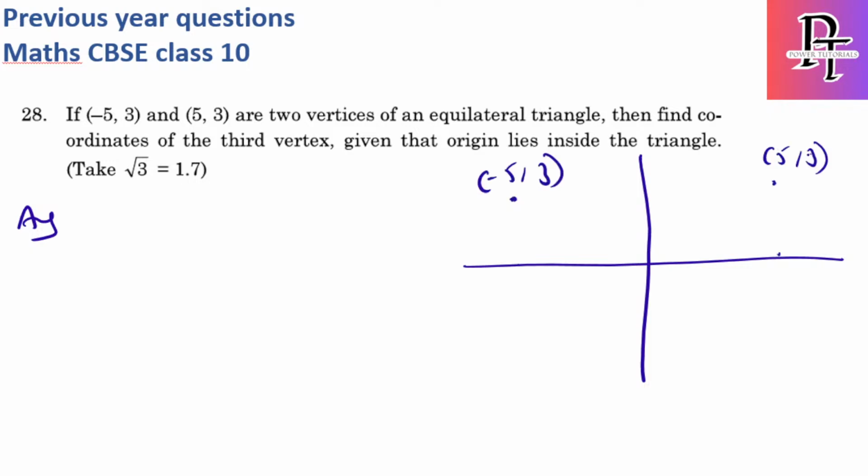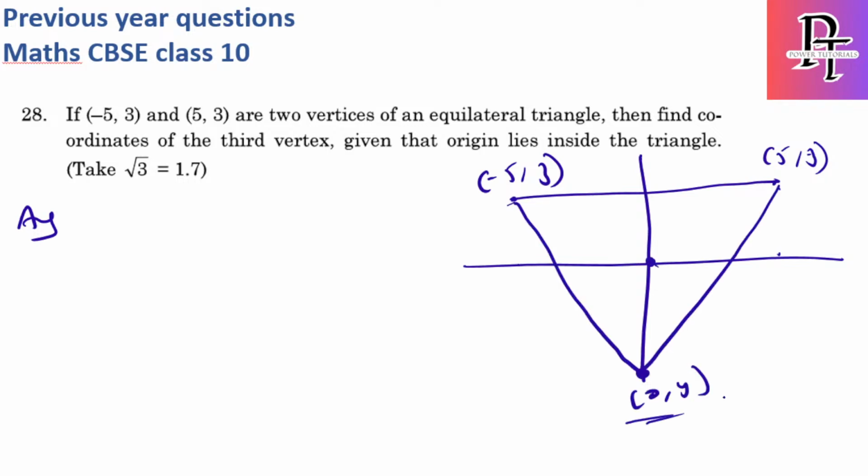We need to find the third vertex. This is an equilateral triangle, so saying that origin is somewhere in between, definitely we have to get a point somewhere like this. So mostly it should be 0, y only, but still we will cross verify how to find it.